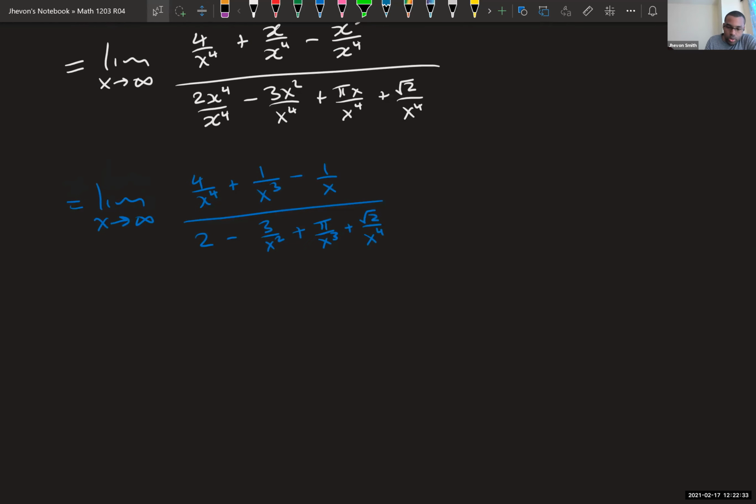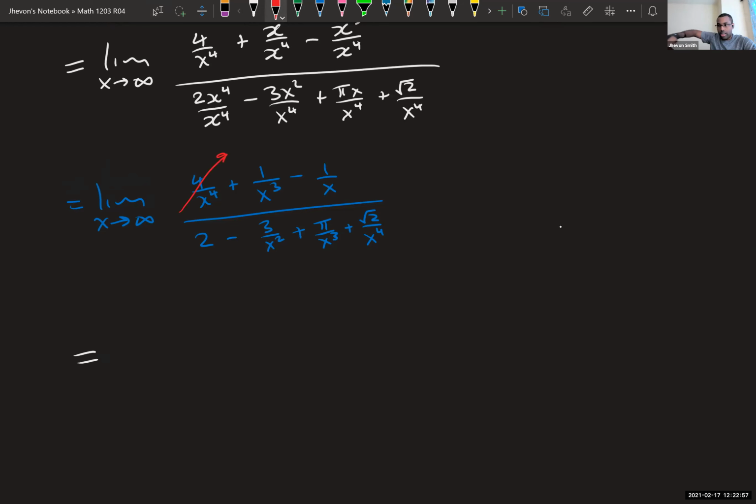And here's what you're going to notice as well. Hopefully, based on what we looked at yesterday, infinite limits, what happens to 4 over x to the fourth? Well, the top is a constant, the bottom is growing. So this is like 4 times 1 over x to the fourth.